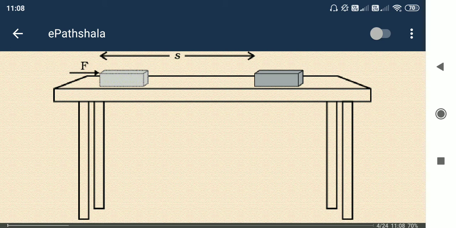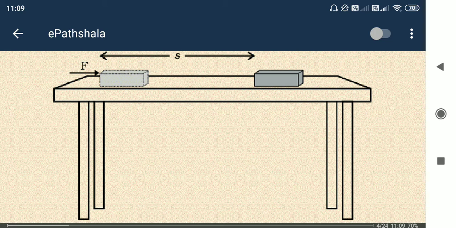Or when we apply it on a moving body, the object tends to decrease its speed, and after a certain time it gets zero velocity or zero speed, right? So that is the force. And here you can see s is the displacement or the distance covered by the object, okay?